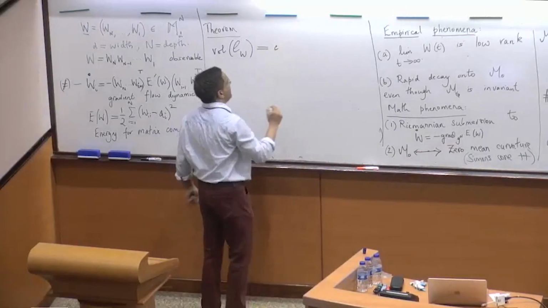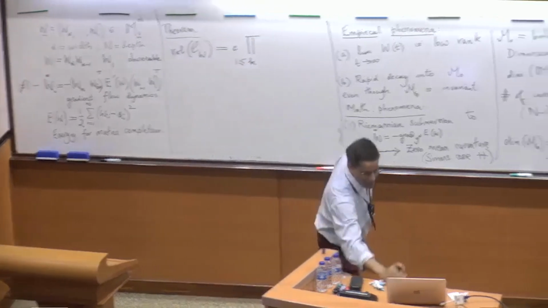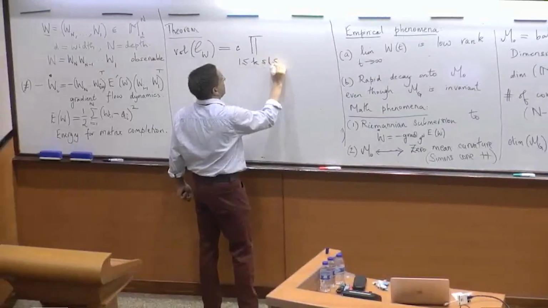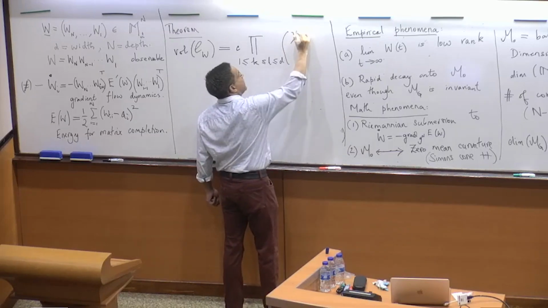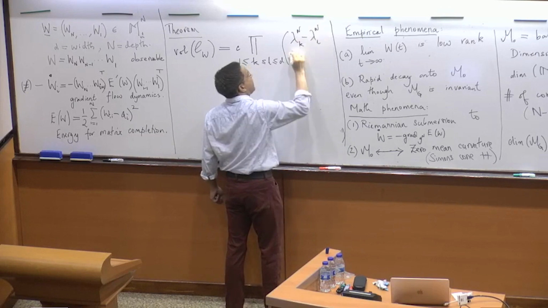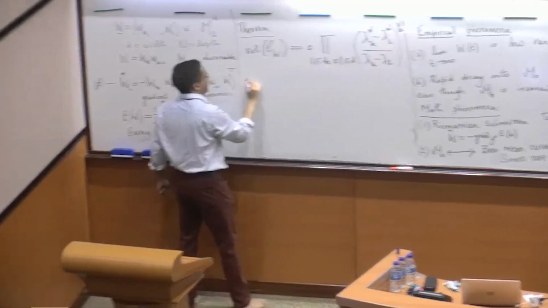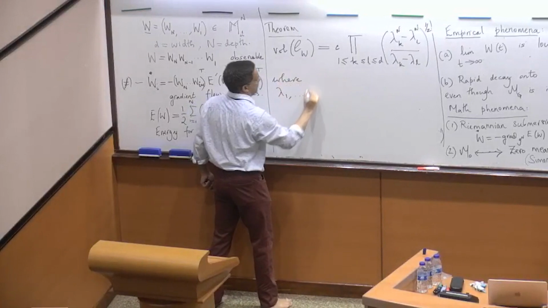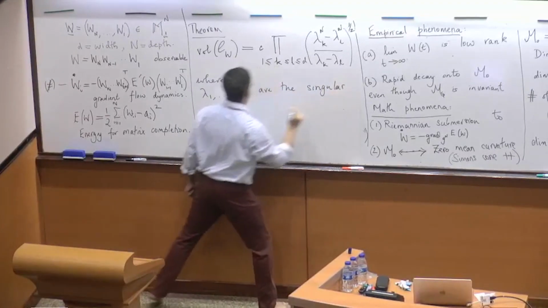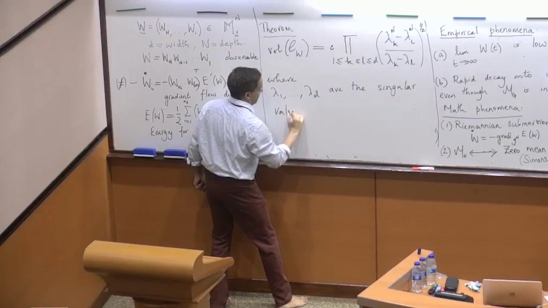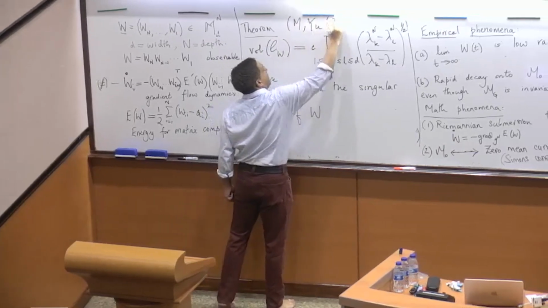There's a universal constant, and then it's the product to the 1/2, where lambda are the singular values. It's a theorem, this is by. Okay?